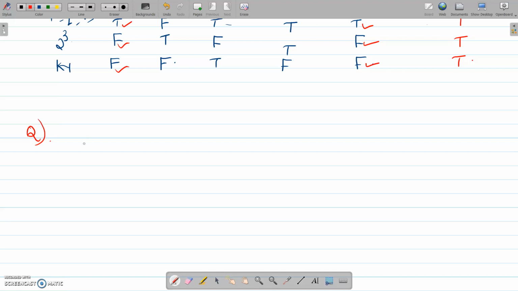Consider P implies Q and negation P implies negation Q.